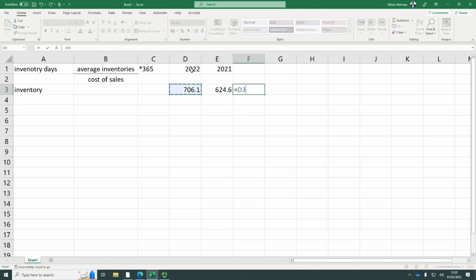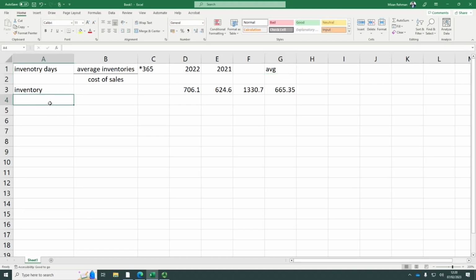The total is this much, and then we can take the average by dividing the total by 2. So we have our average figure.